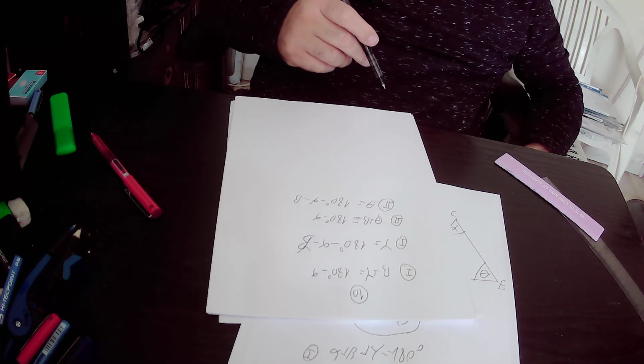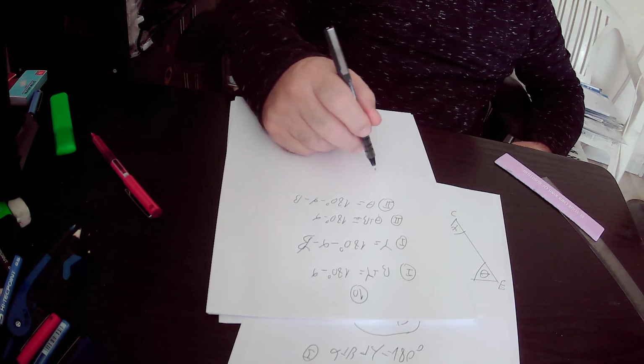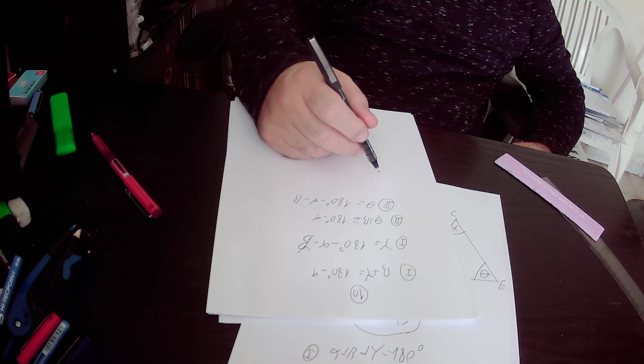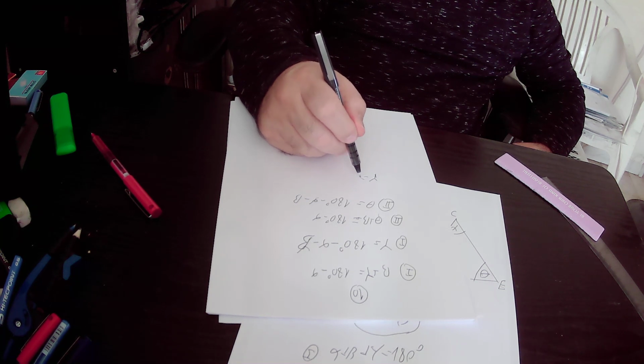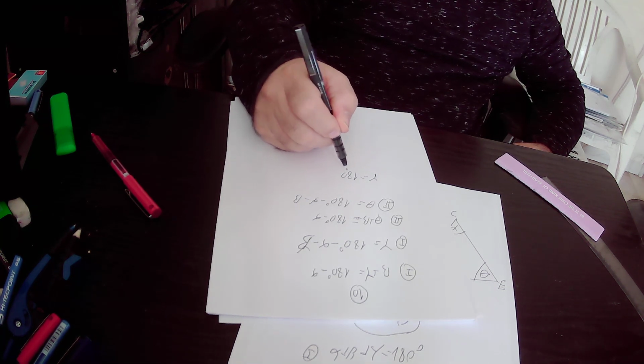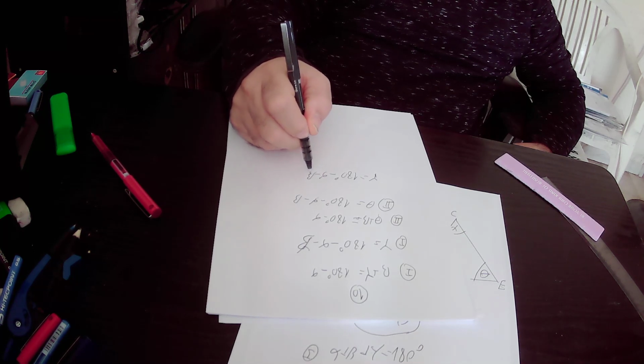So we found out that the value of angle gamma according to equation number 1 is 180 degrees minus alpha minus beta.